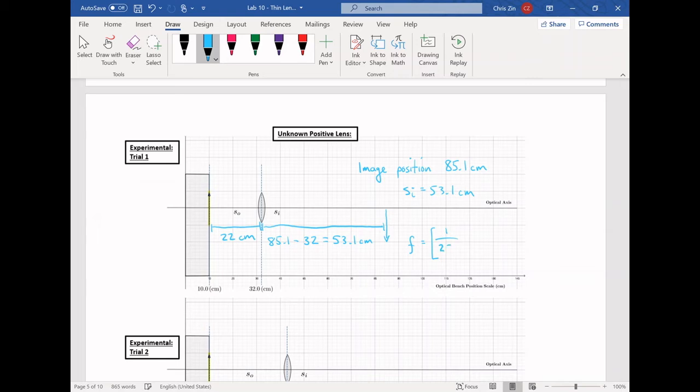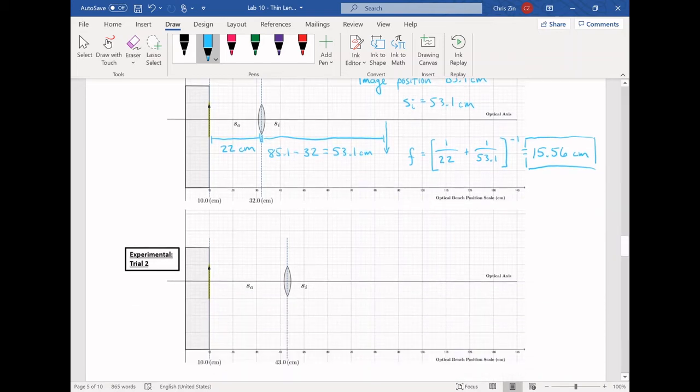So I do 1 over 22 plus 1 over 53.1, and then I take all of that to the power of -1, which gives me 15.56 centimeters. Okay, for trial 1 of this part of the experiment, I found a focal length of 15.56 centimeters.